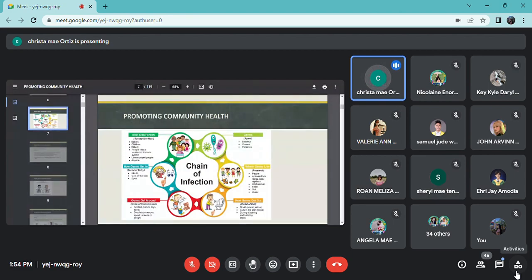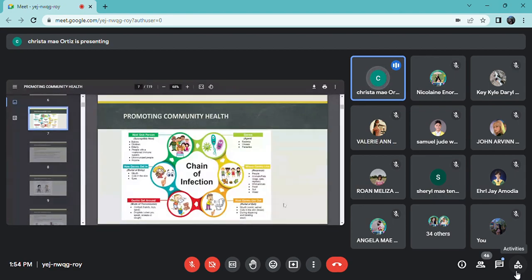So, paano ba sila lalabas? Before sila matatransmit sa ibang tao, dapat meron talaga silang portal of exit. Paano siya lumabas? Paano siya magkalat ngayon? First, it could be through mouth, kapag may suka or sa laway niya, saliva niya. Cuts in the skin.